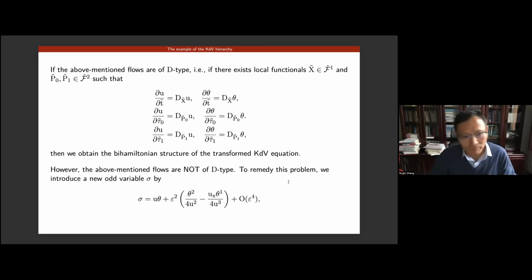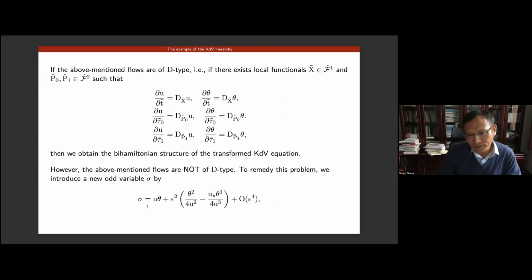To remedy this problem, we need to introduce a new odd variable sigma instead of theta. We define the new odd variable by using this formula, which relates the original odd variable theta with the new odd variable.